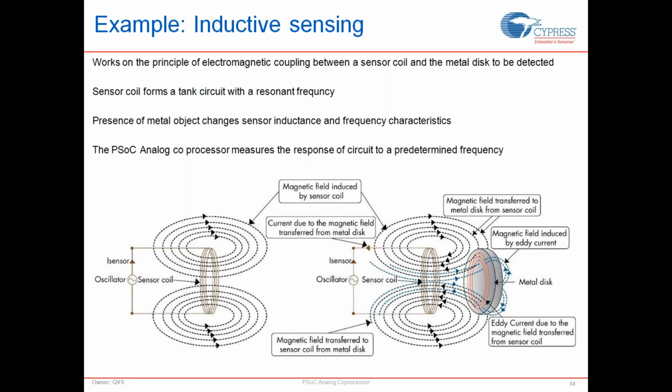What we're basically doing is taking a fixed frequency and measuring the frequency response of the circuit using that. As the metal object comes near the coil, the inductance changes and the frequency spectrum or the frequency response of the circuit also changes according to the presence of the metallic disc, and hence the amplitude output of the circuit also changes for the fixed input excitation.